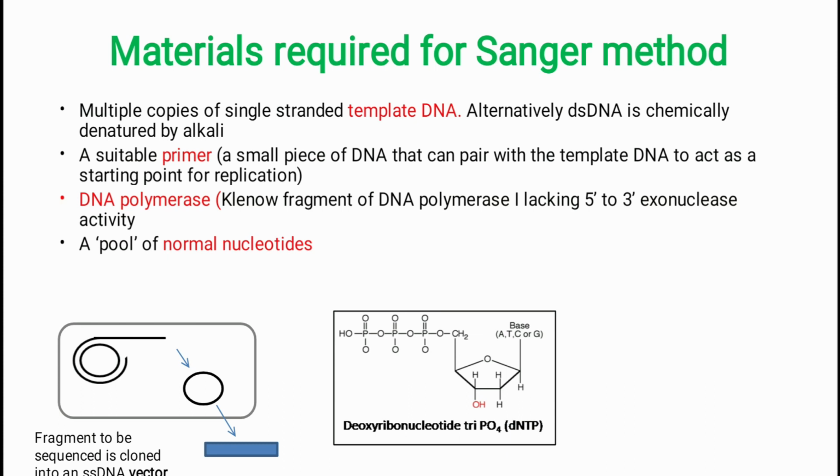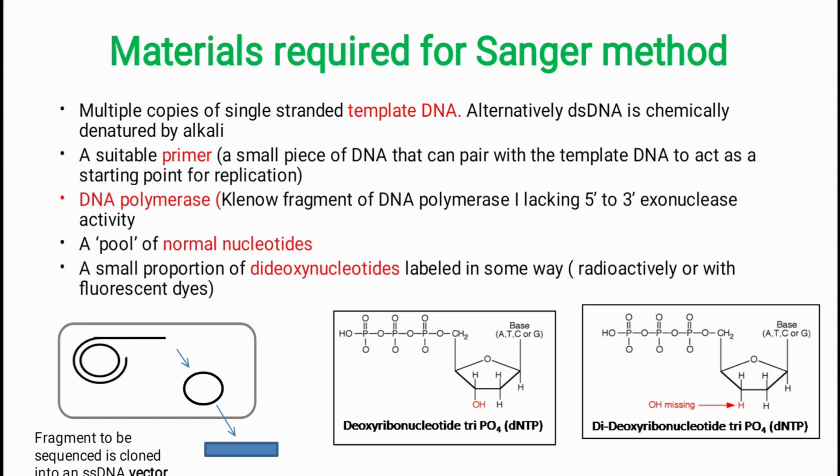And a combination of normal nucleotides dATP, dCTP, dTTP, dGTP are mixed in equal proportion, and a small proportion of specialized nucleotides called dideoxynucleotides, in which the 3' OH is removed. In normal nucleotides, the 3' carbon has an OH group; here the oxygen is removed and it is called a dideoxynucleotide. This is a small proportion, and we have different kinds of reaction setups. Each reaction setup contains only a specific type of dideoxynucleotide.